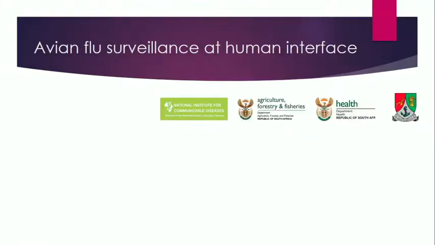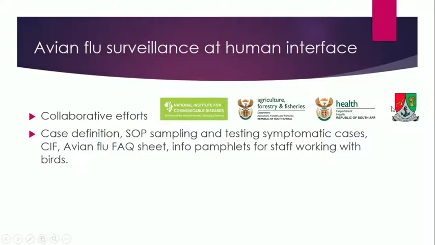Okay, so this was a study which was a collaborative effort between the National Institute for Communicable Diseases, the Department of Agriculture, Forestry and Fisheries, the National Department of Health, and the Elsenburg Veterinary Institute. And we worked together to develop a case definition for individuals which we suspected of being infected.